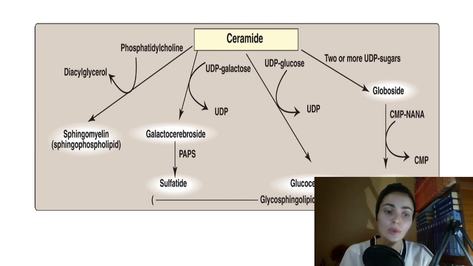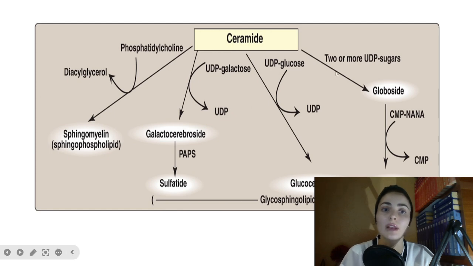They can be accumulated in different tissues in different organs, and they can cause respective symptoms depending on which organs they accumulate in. Here we have to note ceramide. Ceramide is kind of like a building block of our skin, and it is metabolized through different pathways by different enzymes.